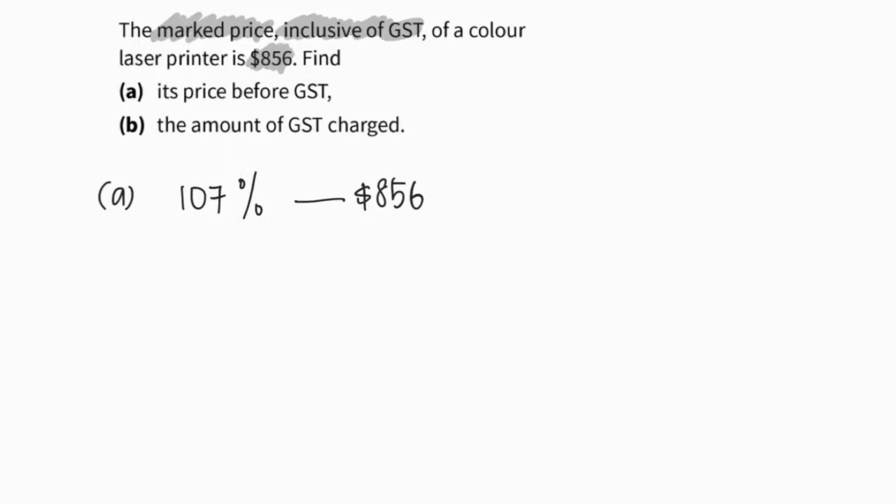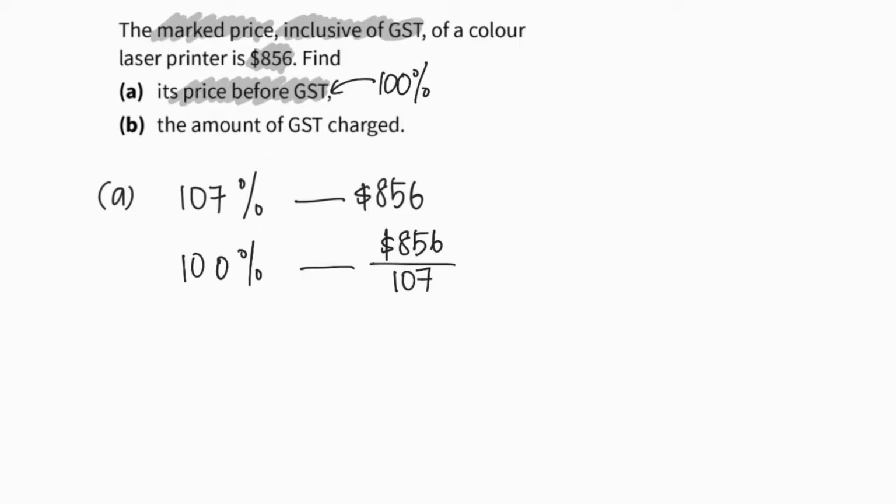Price before GST is 100%. So all I have to do, hopefully by now you all know how to calculate 100% already, I divide by 107 to get 1%. Then I multiply by 100.